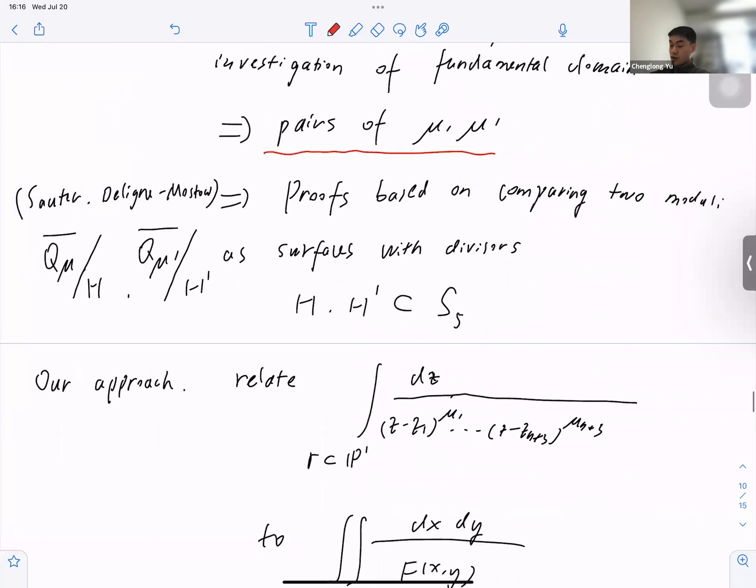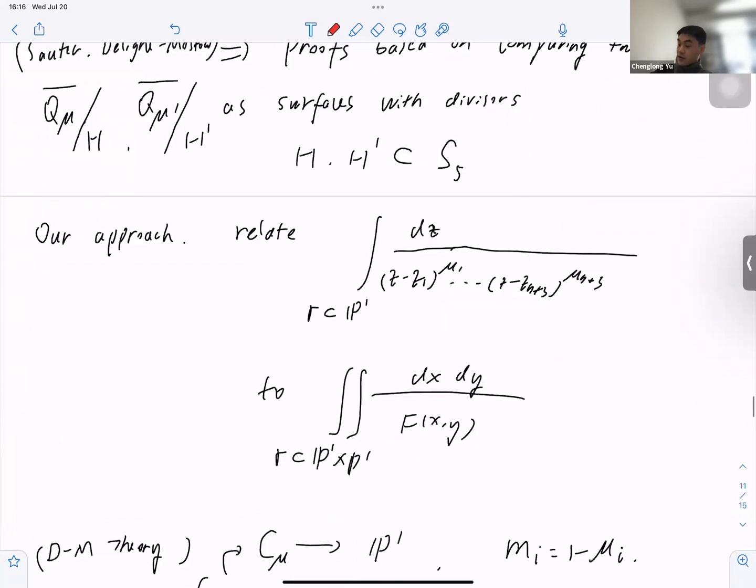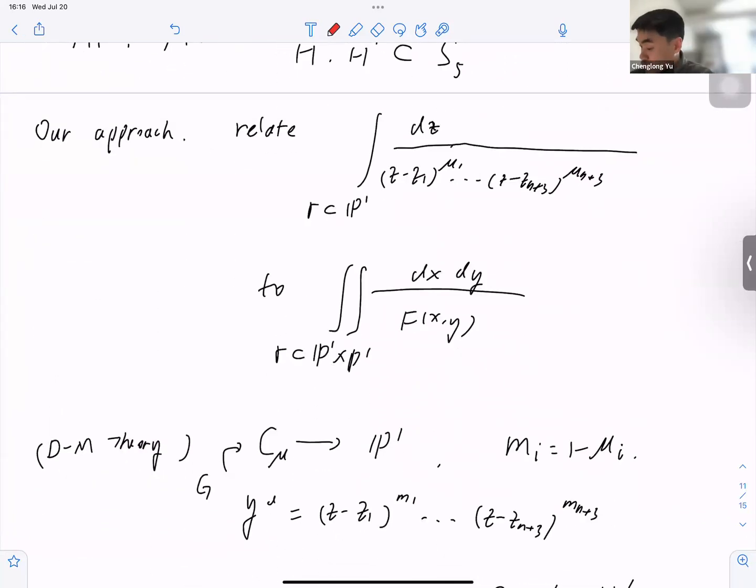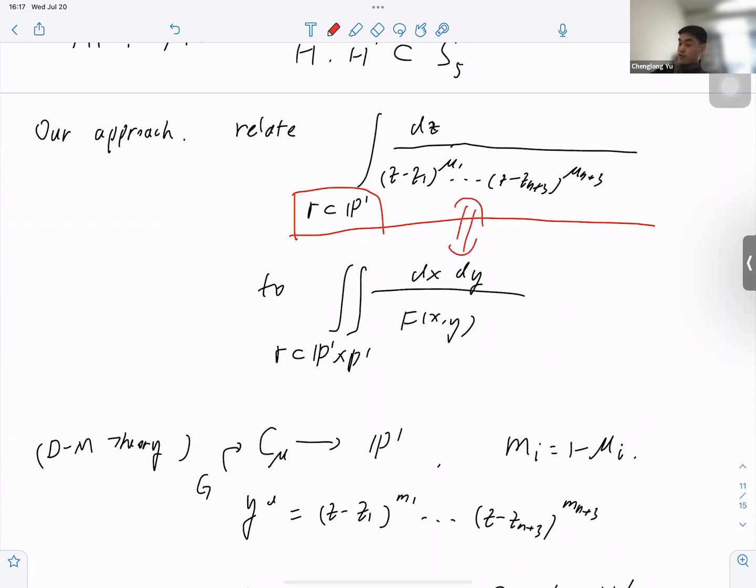Our approach is different. Our approach is to relate this period integral, those period integrals on P1, cycles on P1 of this singular form, to a period integral in dimension 2. So it will be a 2-form, and cycles will be cycles inside P1 cross P1. Let me explain how these two integrations are related.